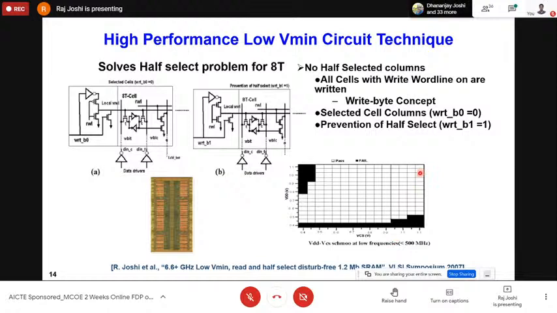And as you can see, the white area means that it is all passing area, and you can bring down the voltage to 0.4 volt. Okay, industry and academia have been struggling to bring down this supply voltage below 0.7 volt. There are many techniques and technologies which have come up over 30 years, which have been helpful in this advancement.